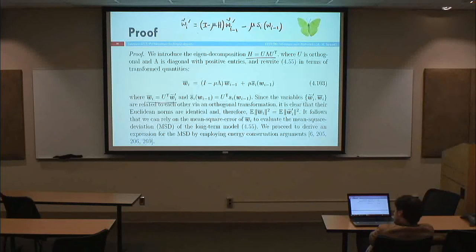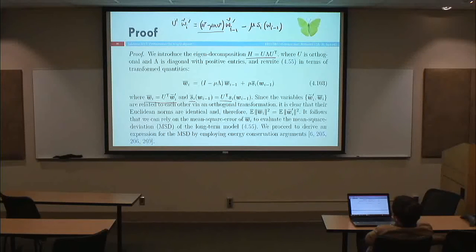So I'm just diagonalizing the coefficient matrix here, right? So W bar is U transpose times W prime. S bar is U transpose times S, right? If you replace this H by U lambda U transpose, and replace this I by U U transpose, nothing changed so far.